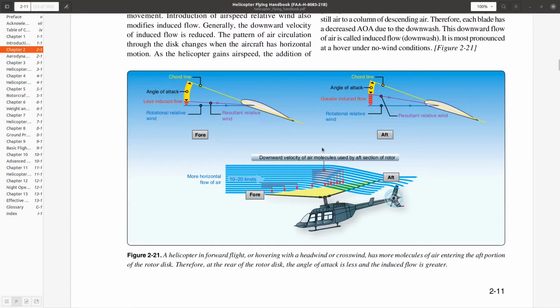All right. So what happens in forward flight? We start moving and we kind of change the equation a little bit. So as we start moving, now we've got horizontal airflow. So we have that induced flow that's sucking the air down, but we have air going more horizontal into our blades.